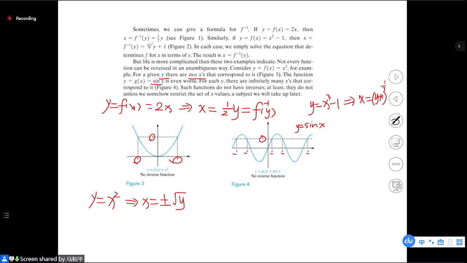This means there are infinitely many x that correspond to it. Such functions do not have inverses, at least not unless we somehow restrict the set of x values, a subject we will pick up later.